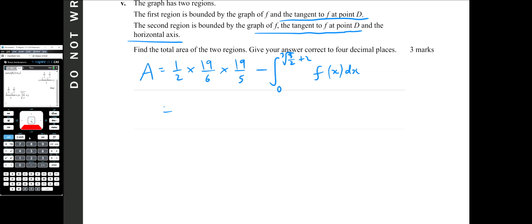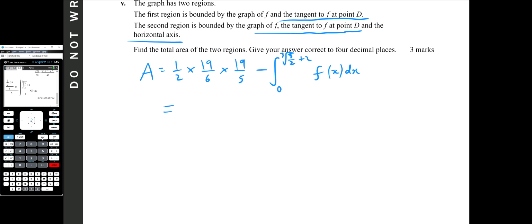Okay, now let's type all that into the calculator. So 1/2 times 19 over 6 times 19 over 5, and then subtract shift plus the integral between 0 and that particular x-intercept, so we can copy it here using shift and the arrow keys, and then we put f of x in there with respect to x, and there we have it.